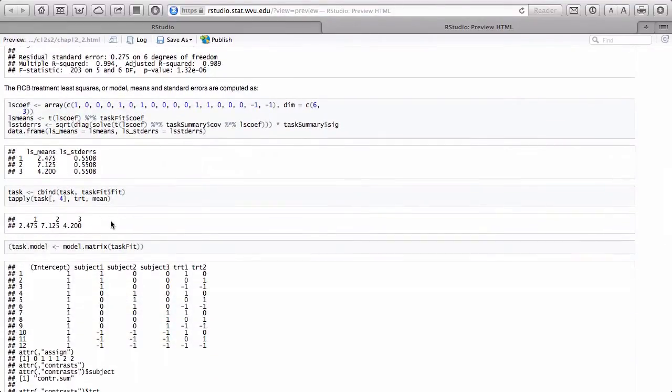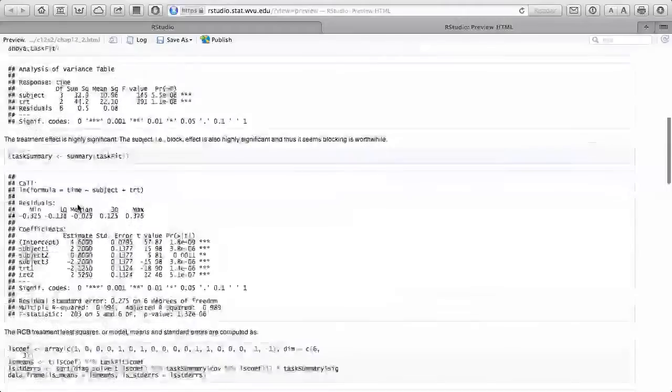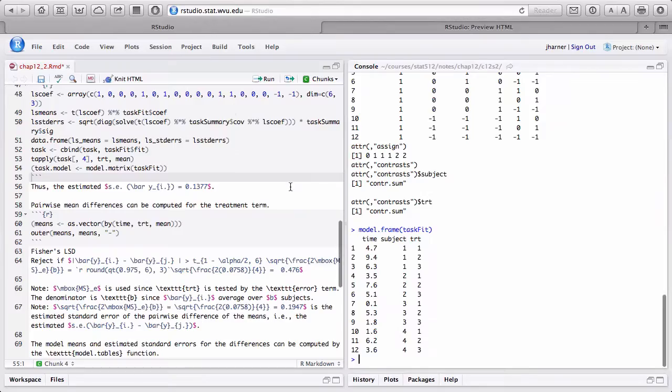And I didn't have time to get that finished before I came. But here's another way that I can compute the means for the three treatment groups. I can simply t-apply the fourth column of task, which, again, if I look at task, when did I do this?